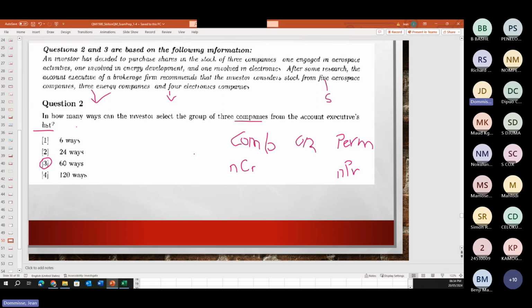So let's just see, if we say 5, 4, 3 and order does not matter, why does that feel like too many? Hi, Jean. Yes, I think most probably, with the multiplication, when I multiply 5 by 3 by 4, I do get 60 with the combination.